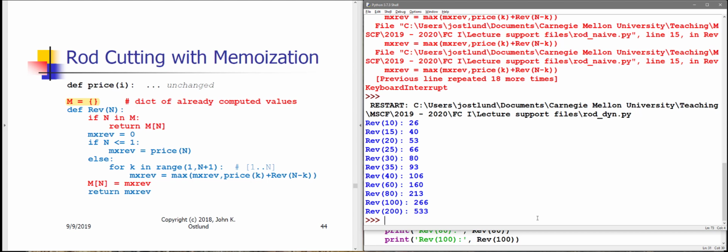Zip. All right. Good. So we have maximum revenues that we can achieve from lengths of rebar from our supplier, ranging from a 10-foot length up to actually 200-foot length.